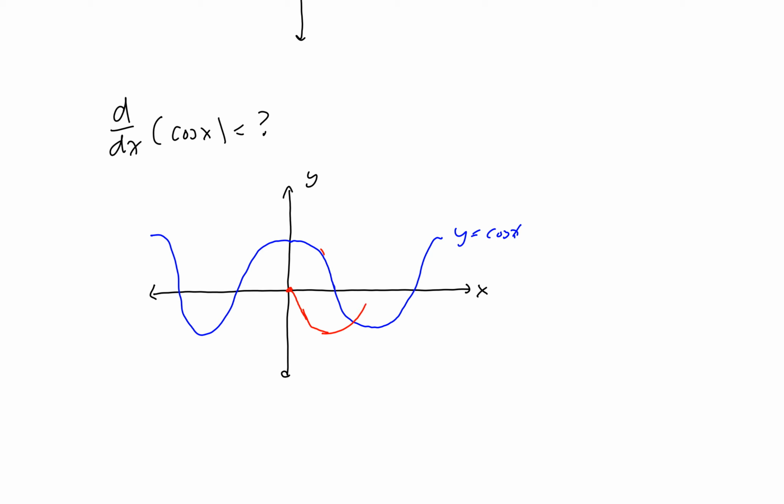And then we're coming back up, and similarly going this direction, going up, and then back down, and so on. So this looks almost like a sine graph, except it's switched around. So this is actually negative sine x.